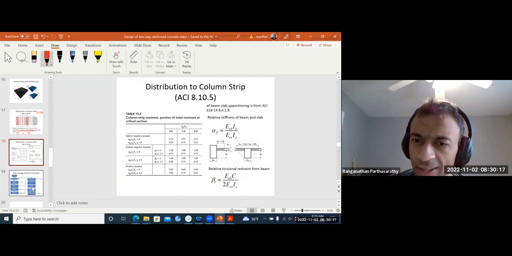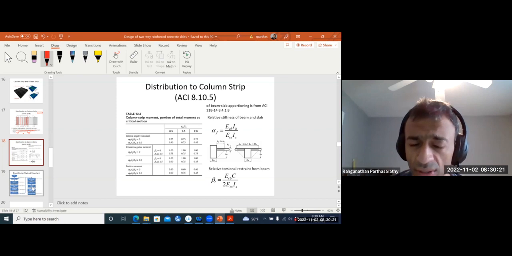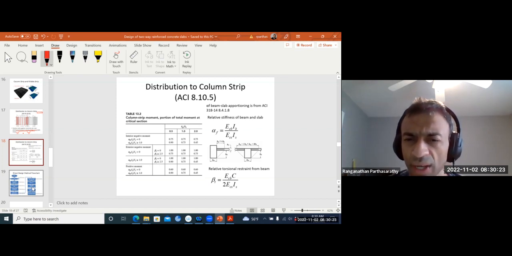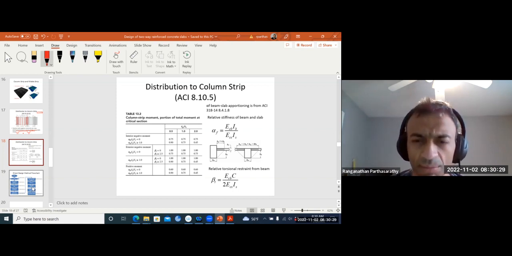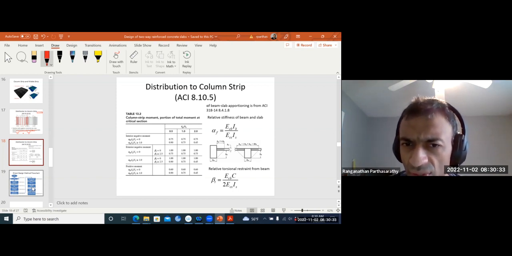So for the distribution along the column strip, you have a beam. Out of that, how much goes to beam and how much goes to slab? That is based on relative stiffness of beam and slab, so based on this alpha F value.